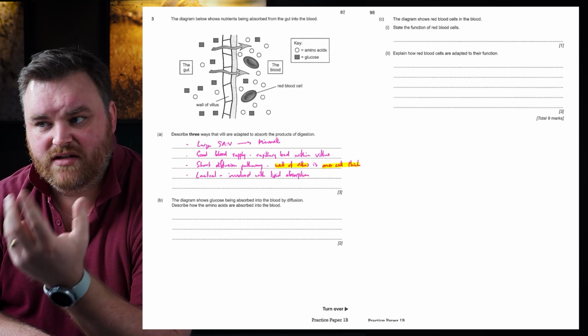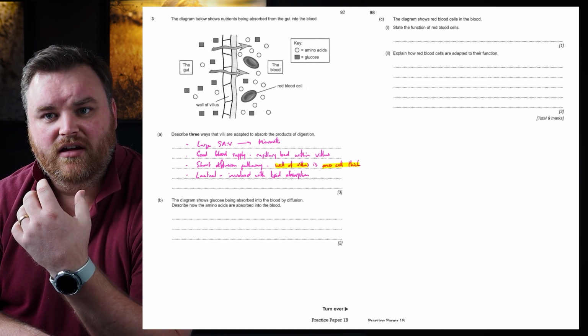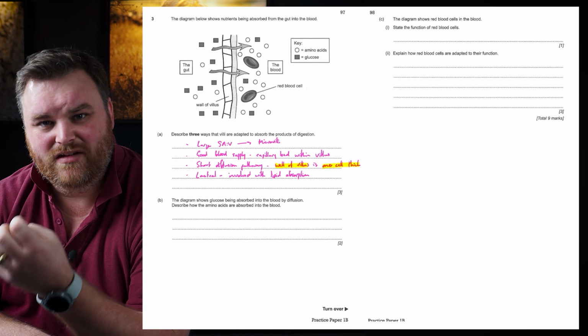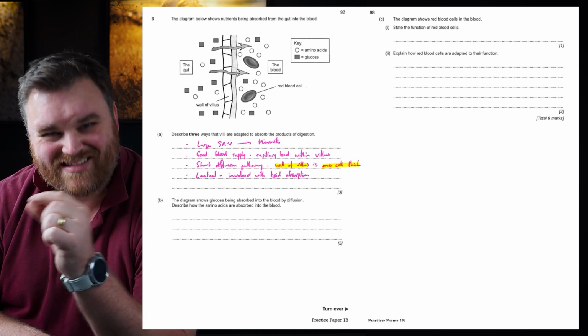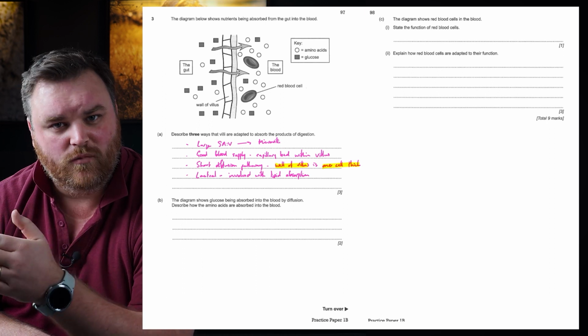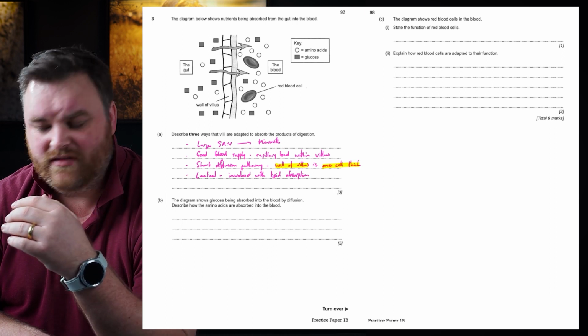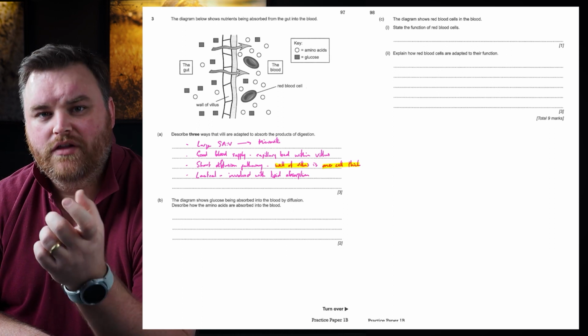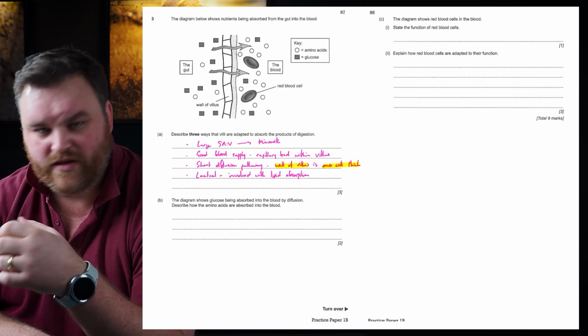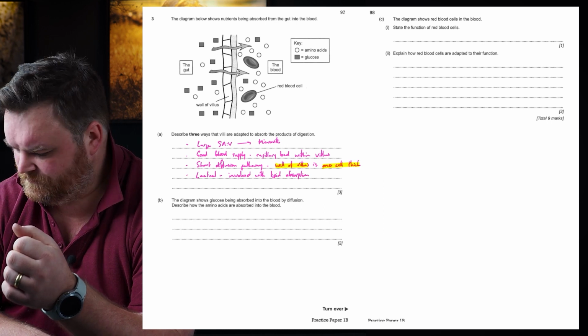When we're talking about exchange surfaces, if we talk about an exchange surface having a thin wall, or the wall of it being 1 cell thick, that's the distance that something has to diffuse to get from one side to the other. These are animals, so there are no cell walls. So just be careful to avoid the phrasing cell wall within a description of any animal structure.